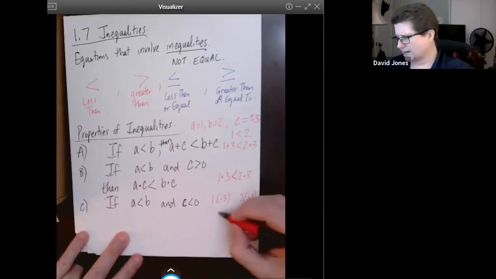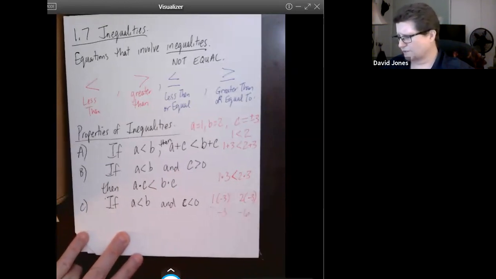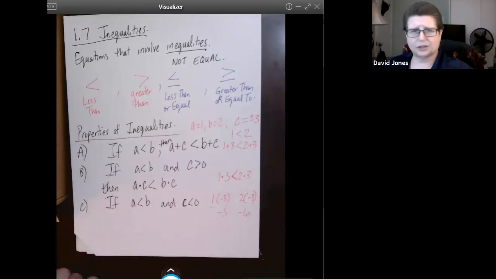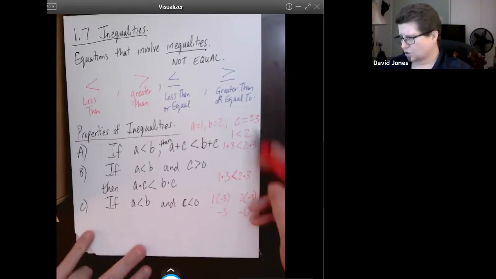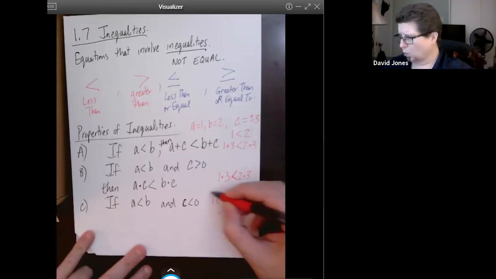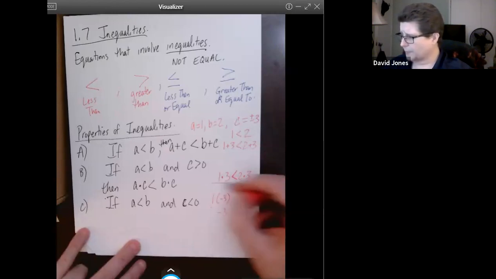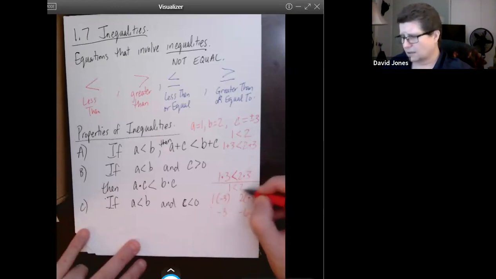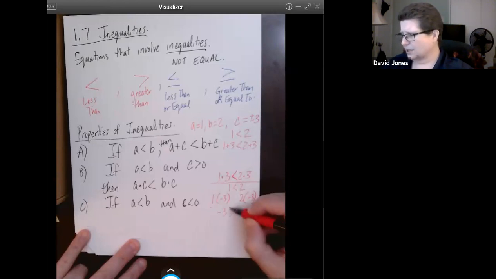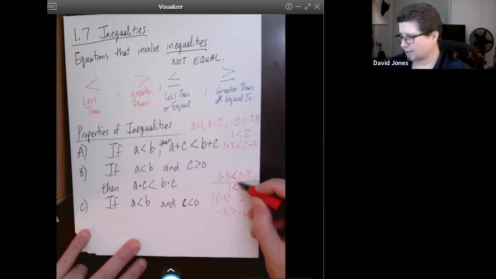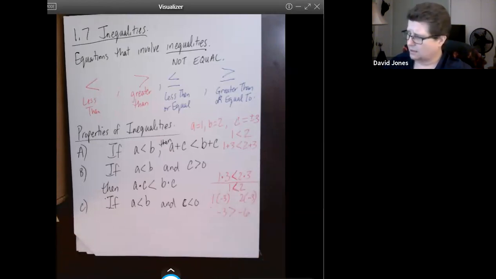This becomes negative 3 and negative 6. Which value is larger, greater? The negative 3 is. So even though I started with 1 is less than 2, I end with the inequality changing directions.